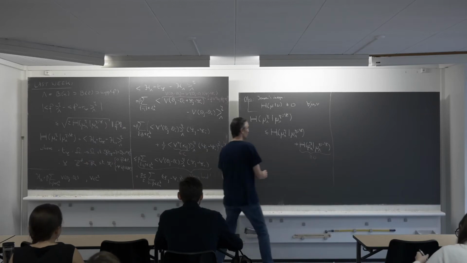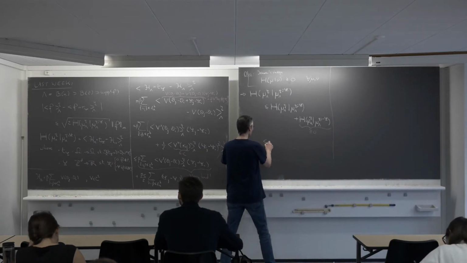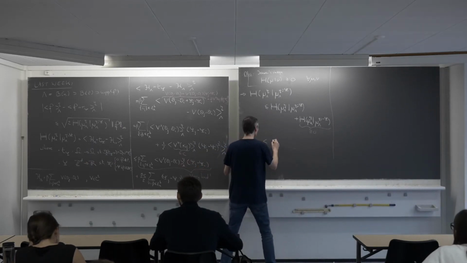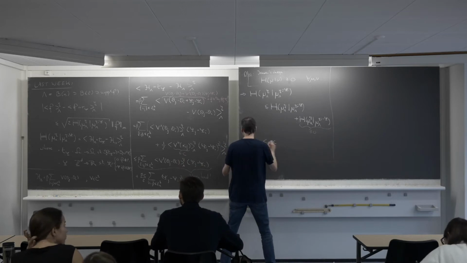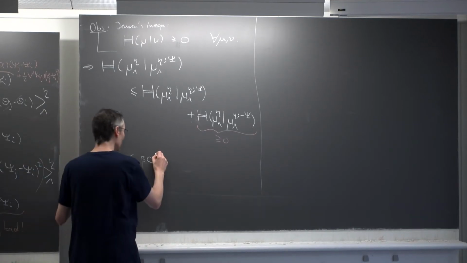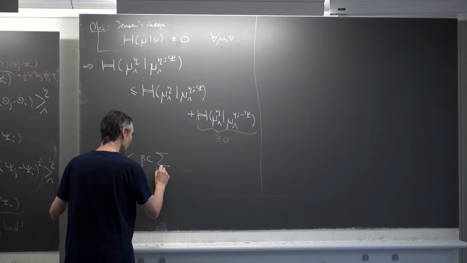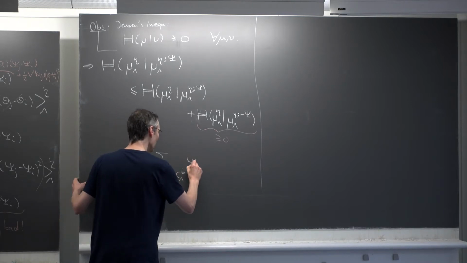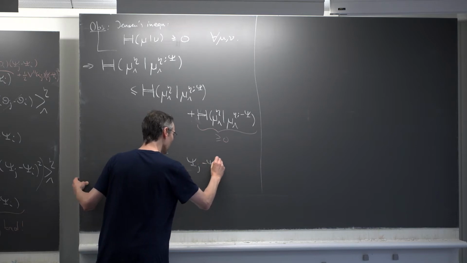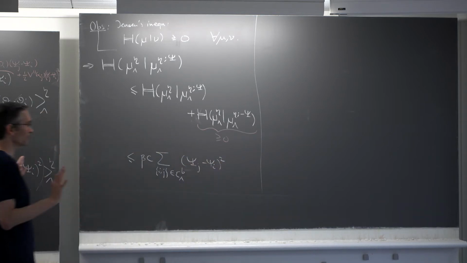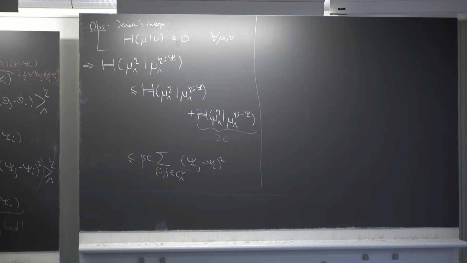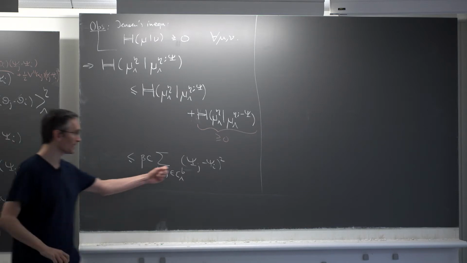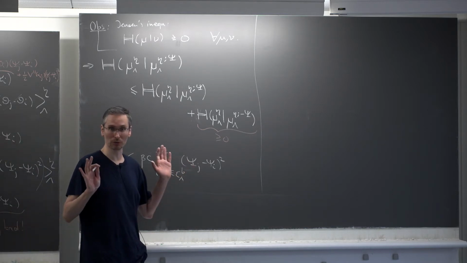So this will be smaller, by what we just did, than beta c. The over 2 disappears because I get it twice. Sum over all ij's in E lambda b, psi j minus psi I square. So we get this bound, which is exactly the same bound that we got in the heuristic argument. So if we wanted, we could stop here, take the same psi that we used in the heuristic argument and conclude the proof.